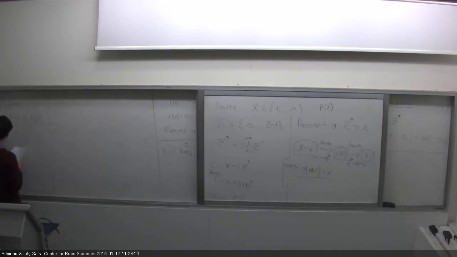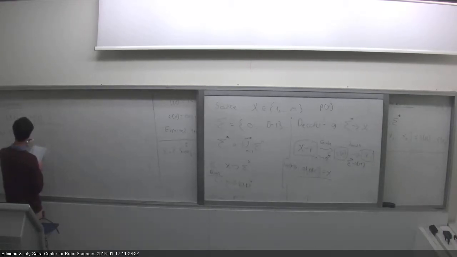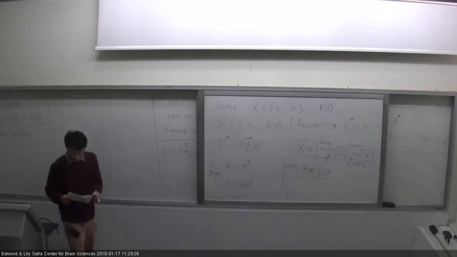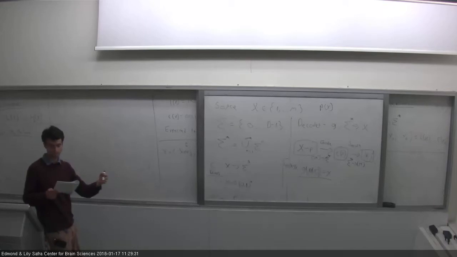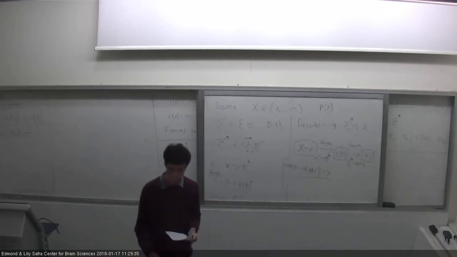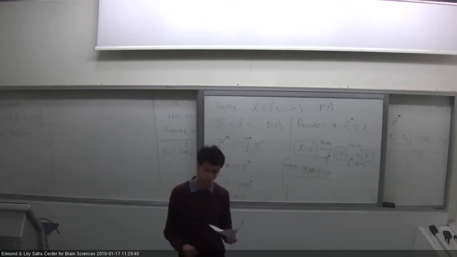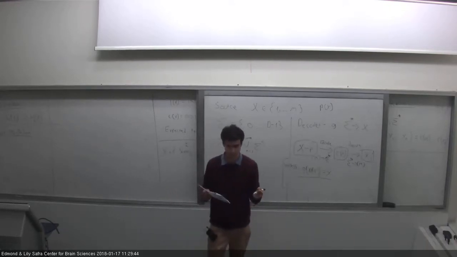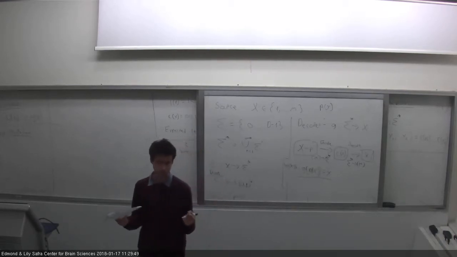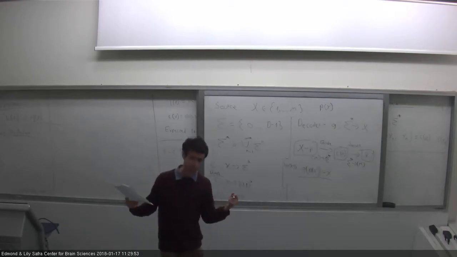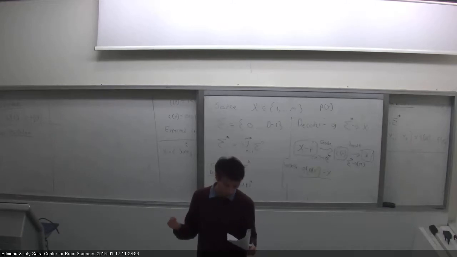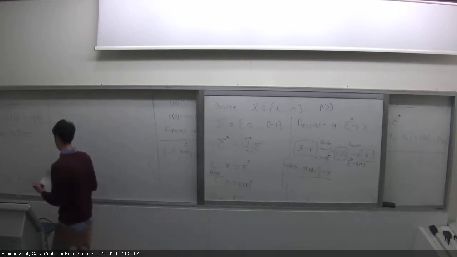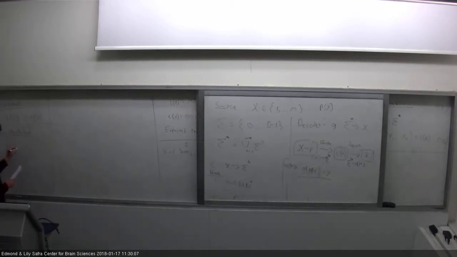Kraft-McMillan basically says that if you have code word lengths L1 to LM of a uniquely decodable code over some D-ary alphabet, then you can bound the lengths: the sum over i of D to the minus Li is not greater than 1. And it's if and only if.